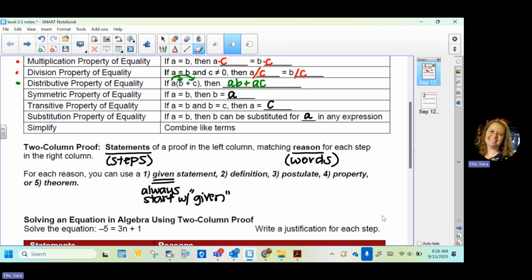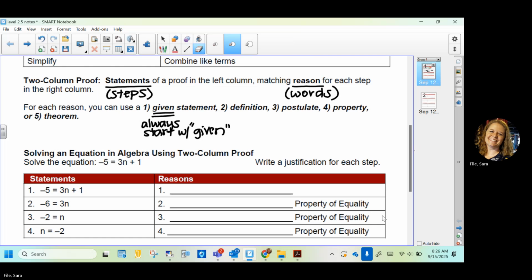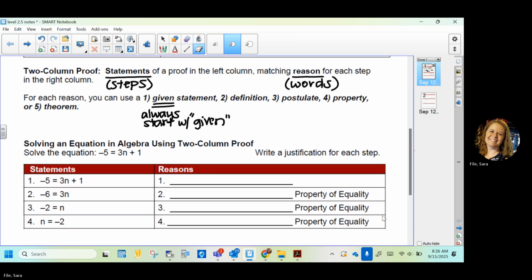All right, so let's try it with this one. So it says, solve the equation and write the justification in each step. Okay, so this is what we were told to solve, right? So this is what I mean when I say always start with given.